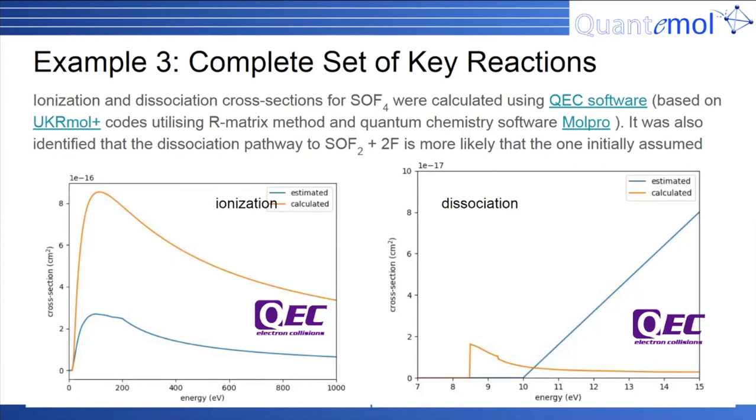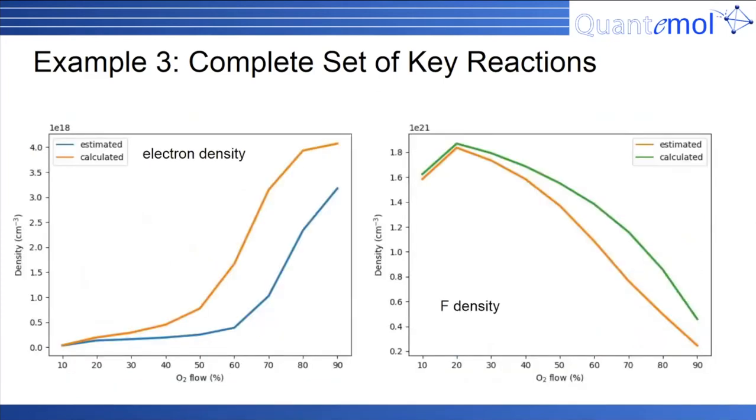And when we implement these changes into our model and compare it to our results with the estimated cross sections, here as a function of the oxygen flow, you see that there's a large difference in the electron density for some O2 mixtures, up by a factor of 4 or 5, and also a quite significant change in the atomic F density.